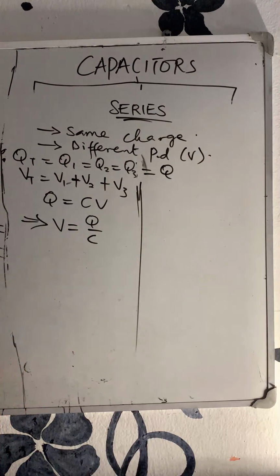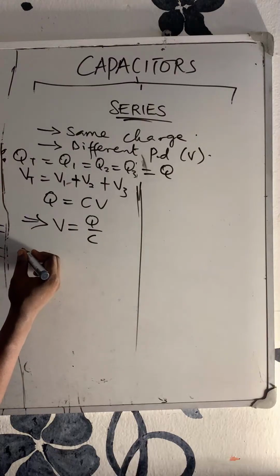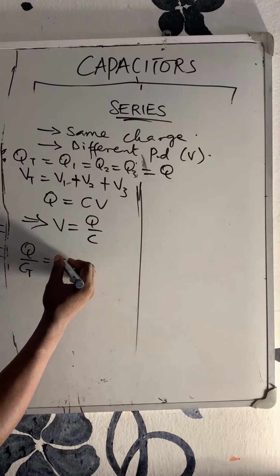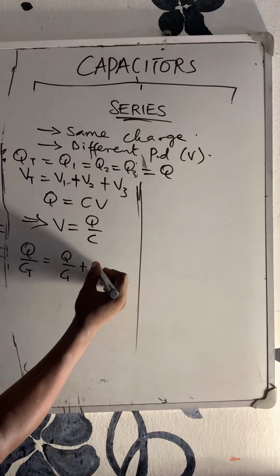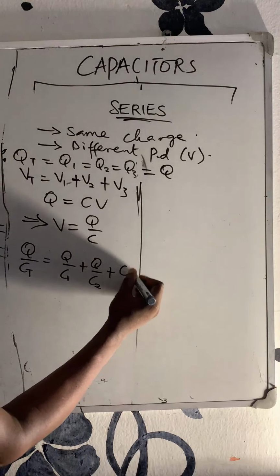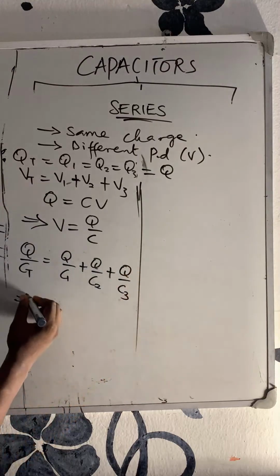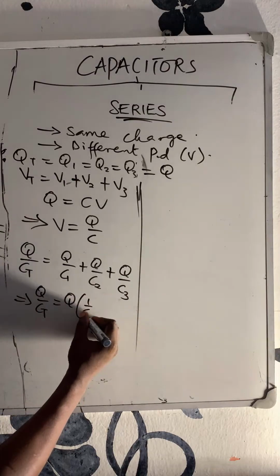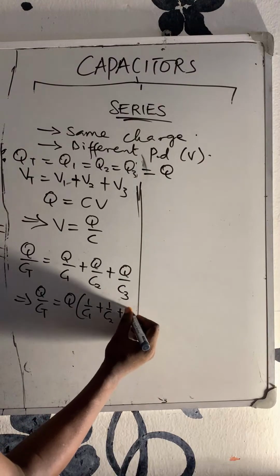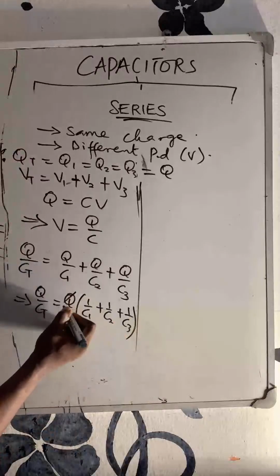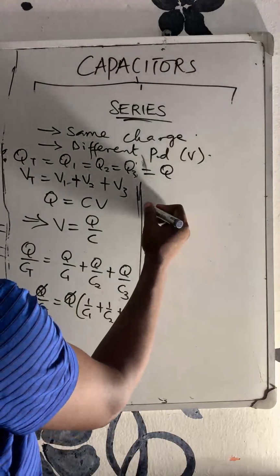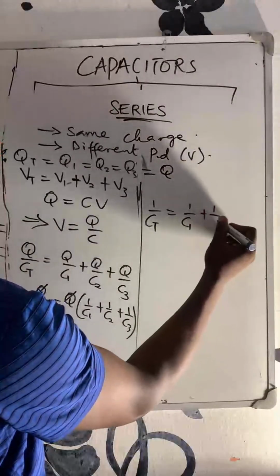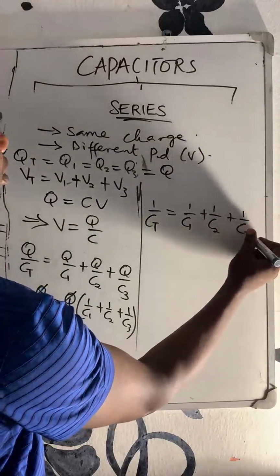So with this, it becomes Q over CT equal to Q over C1 plus Q over C2 plus Q over C3. That gives Q over CT equal to Q times 1 over C1 plus 1 over C2 plus 1 over C3. So finally, 1 over C total for series is equal to 1 over C1 plus 1 over C2 plus 1 over C3.